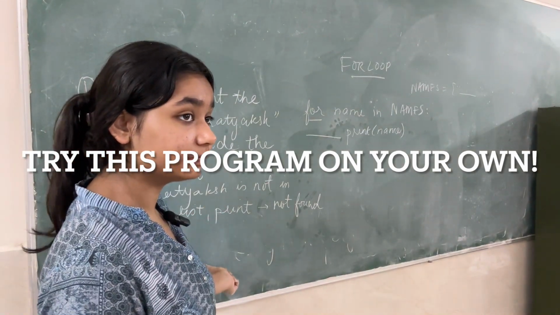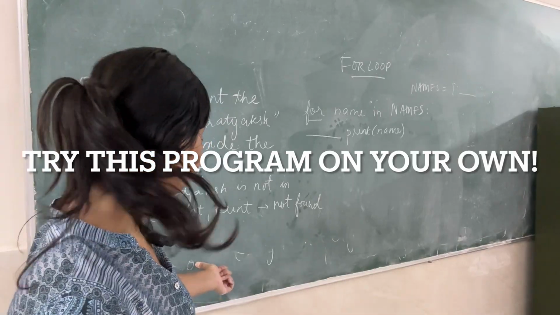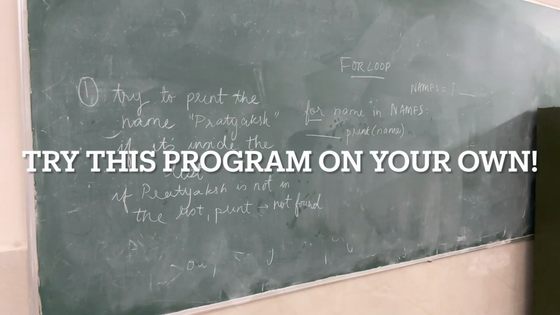Did you get this? For name in W, you just have to write print name. So name is your individual variable, right? Otherwise, this will print W the amount of times there are numbers in here.